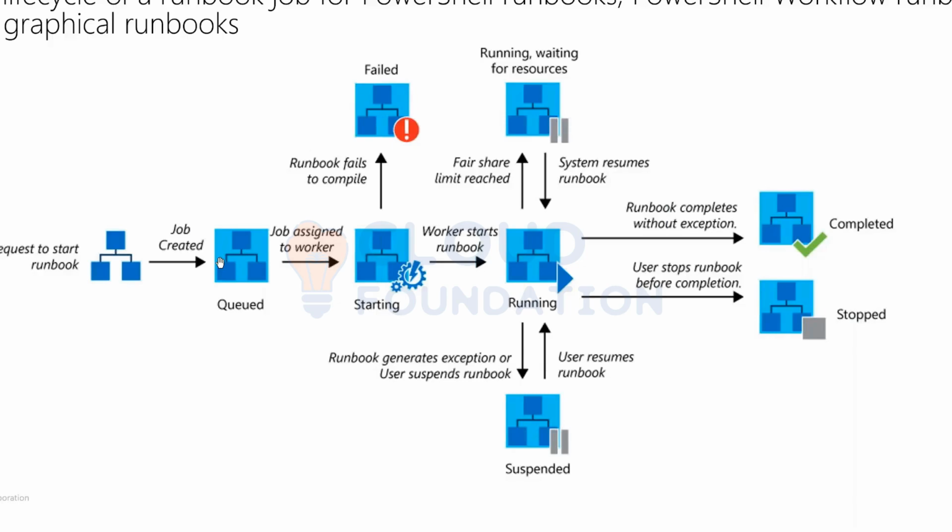Once you have queued it, you will be assigning it to a worker behind the scene, right? This is taken care of by the automation engine itself. Behind the scene, it will start the execution process and you can see that this resource is executing.